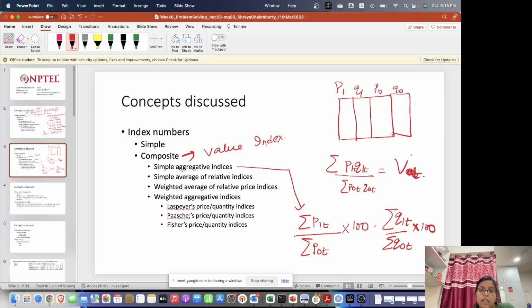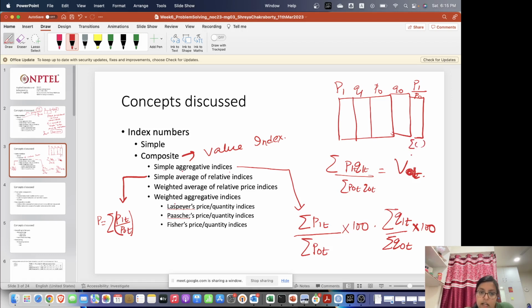Instead of the aggregative indices, sometimes we also use the average of relative indices, and that is calculated as summation P1T by P0T. That is, we calculate the relative indices, and then we take a sum.